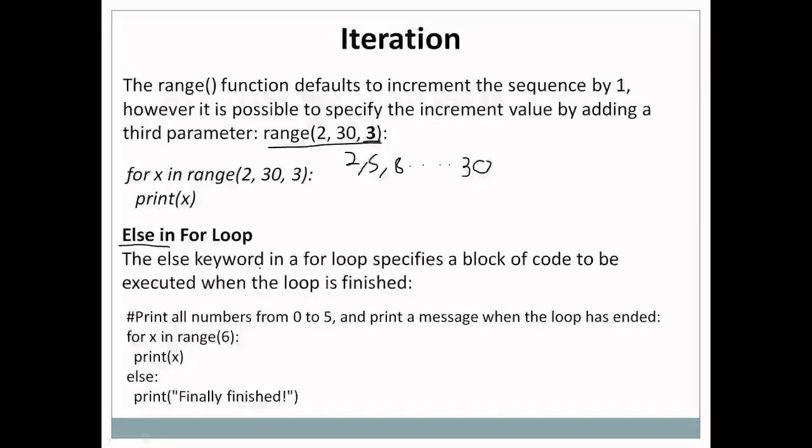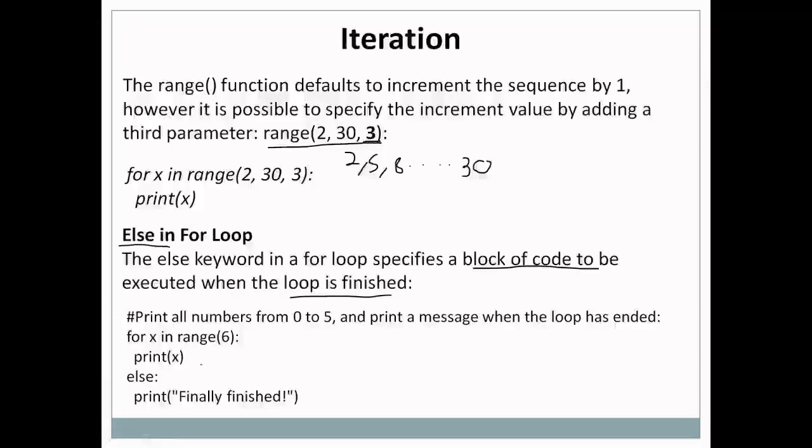The else keyword in a for loop specifies a block of code to be executed when the loop finishes. Means when your loop ends, at the end of your loop, the else part is executed. So if your loop is executing from values 1 to 10, and when it reaches the value 10, the loop finishes, at that point it will execute the else part.